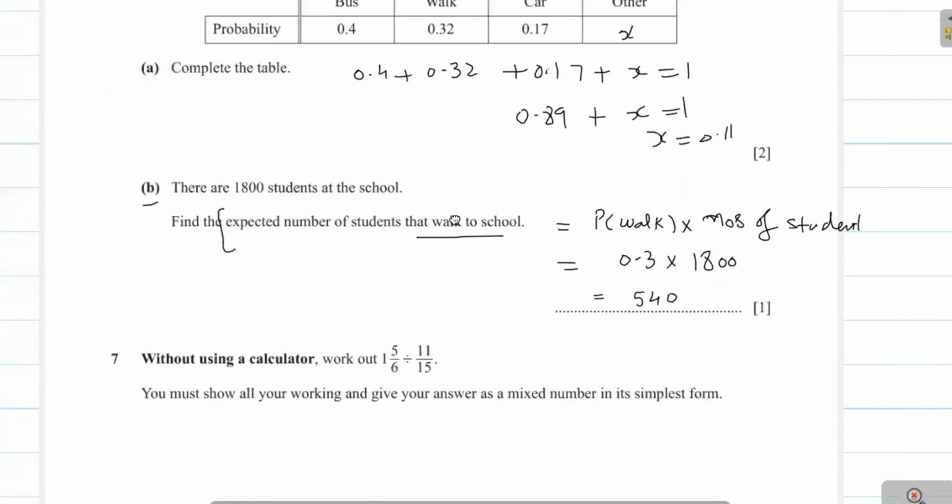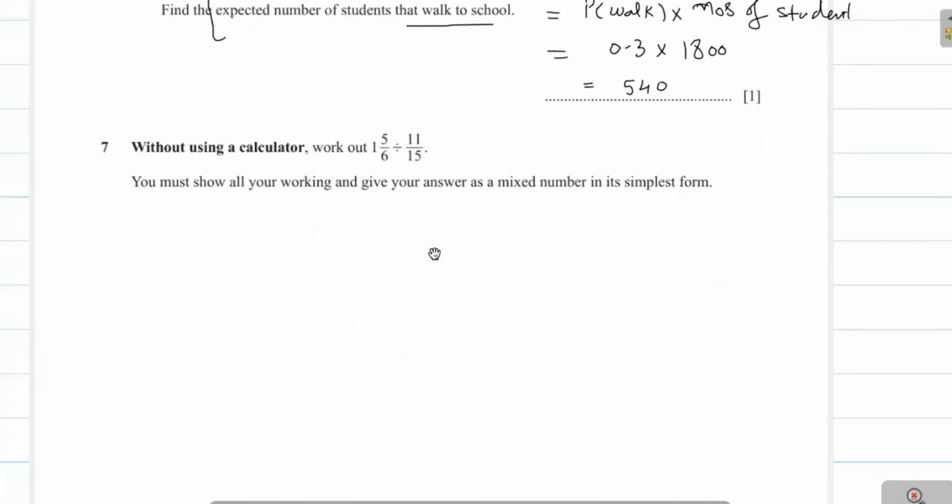Next, question 7. Without using a calculator, work out 1 5/6 divided by 11/15. We can write this mixed fraction: 6 times 1 is 6 plus 5 is 11 over 6. And we convert division into multiplication. If we reverse the fraction, we can write 15 over 11.